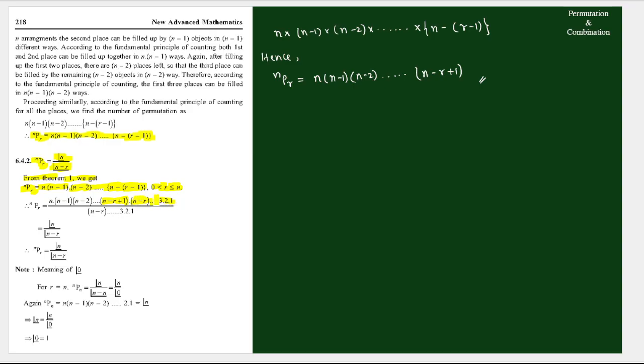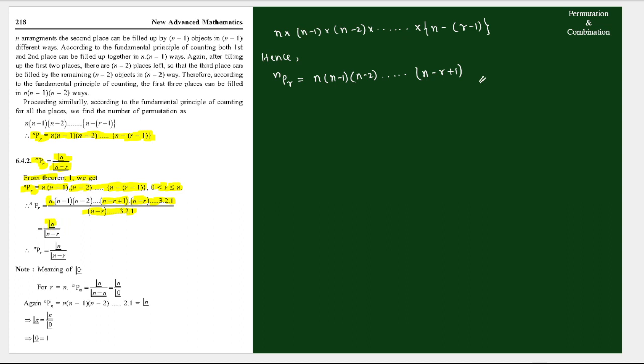So from n minus r up to 1 we go on multiplying. This is the extra thing we added, and it is being multiplied. So the same thing we divide in the denominator. Now this can cancel out and only this remains, from n up to 1, which is nothing but factorial n.